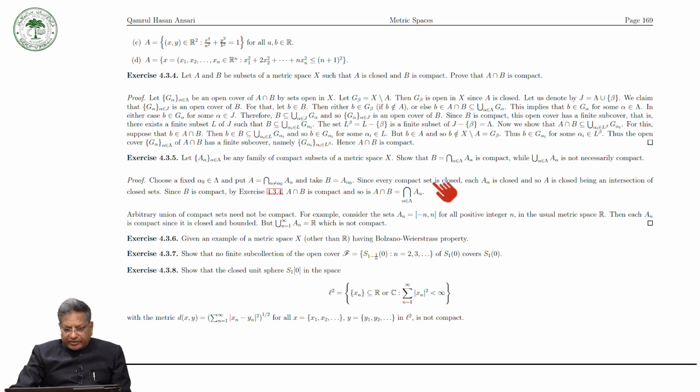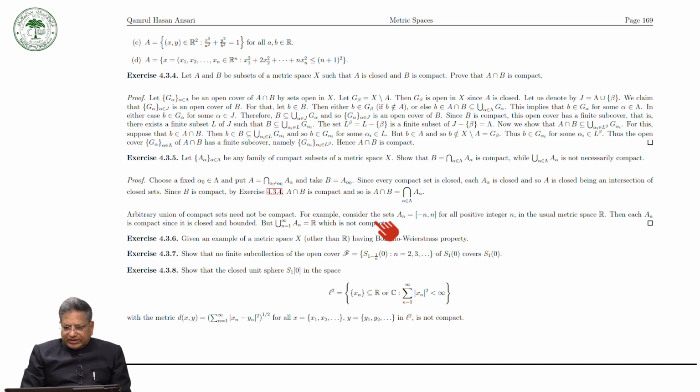Then it is compact by this exercise, so we can prove that this is compact. Here it is a little bit confusing: I am taking B equal to B naught, which is this B, and A equal to this A.